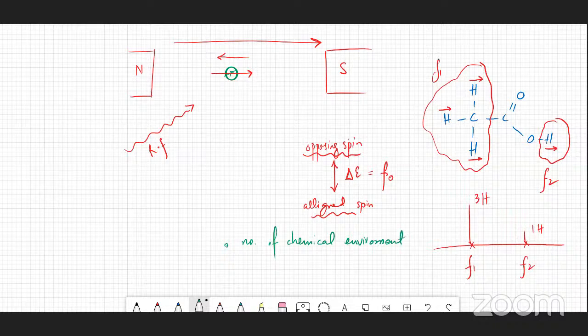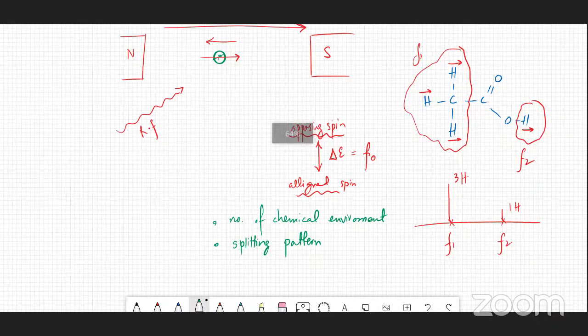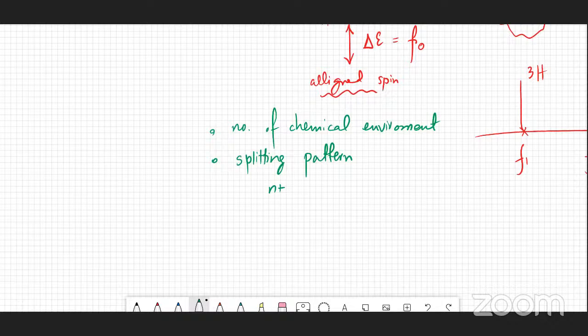The other thing you get to know from the NMR spectrum is the splitting pattern. The splitting pattern is that there's an n+1 rule. Okay, all these absorptions are not going to be unique single peaks.